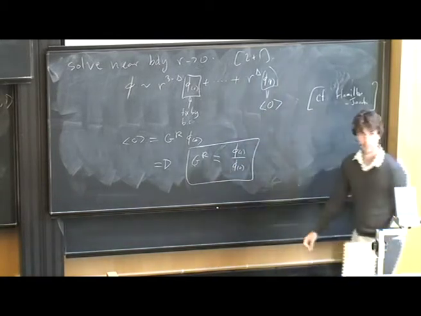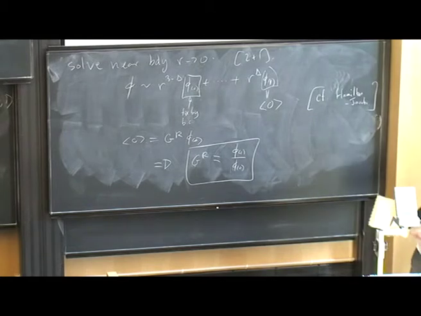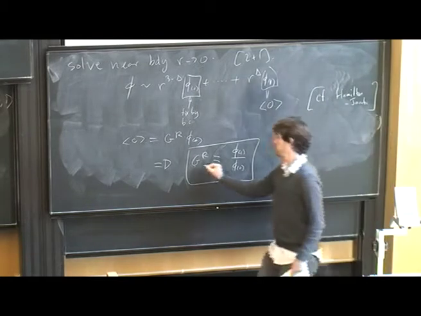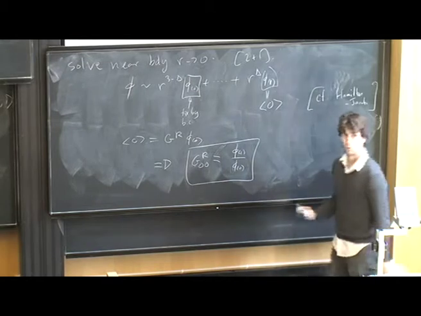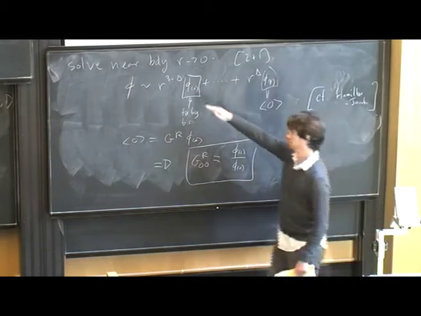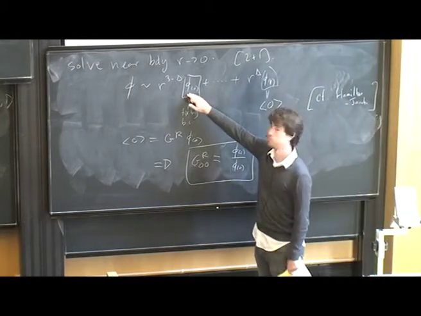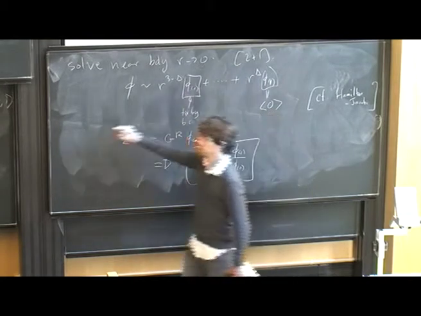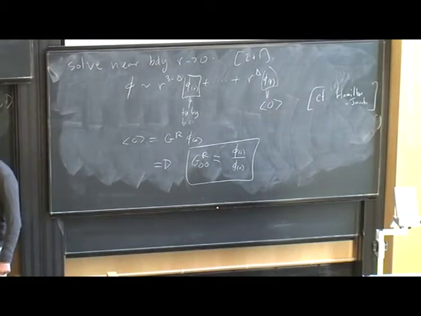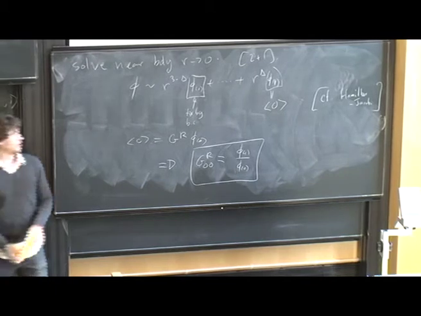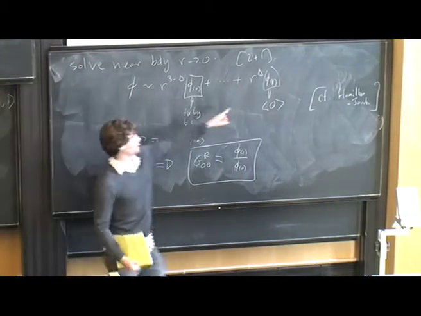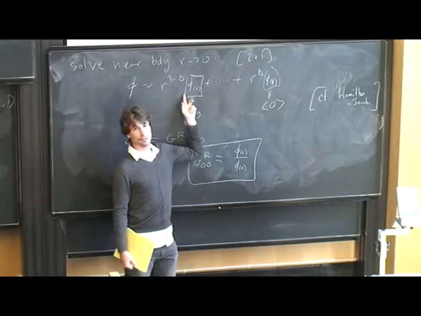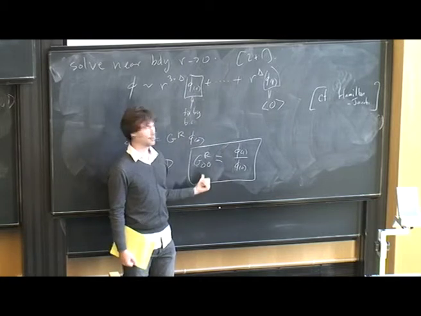So to calculate the retarded Green's function of O, all we need to do is fix the so-called non-normalizable mode, this guy, solve this equation subject to another boundary condition that we're about to tell you, and that other boundary condition will fix phi1 in terms of phi0. You then take the ratio, and that's your Green's function.